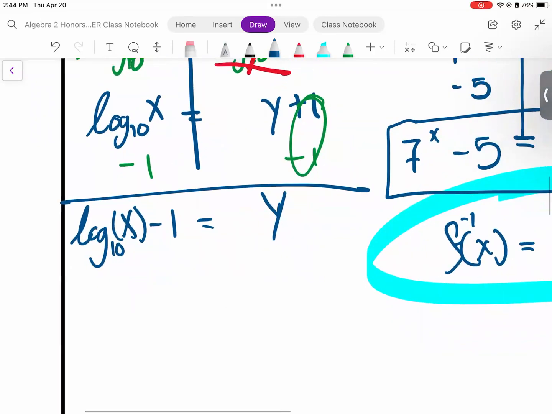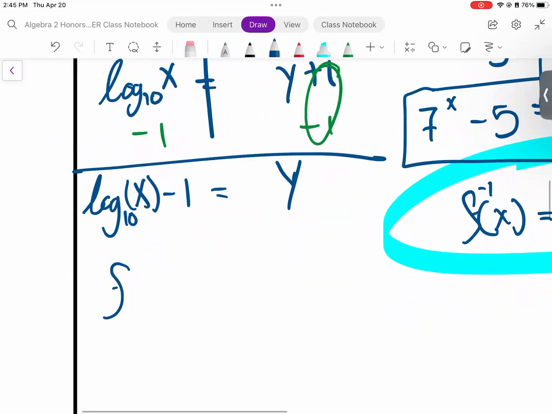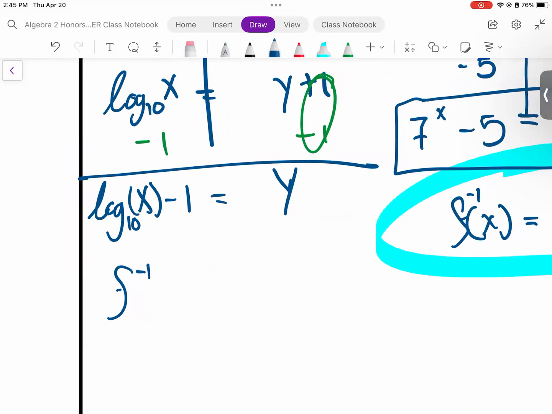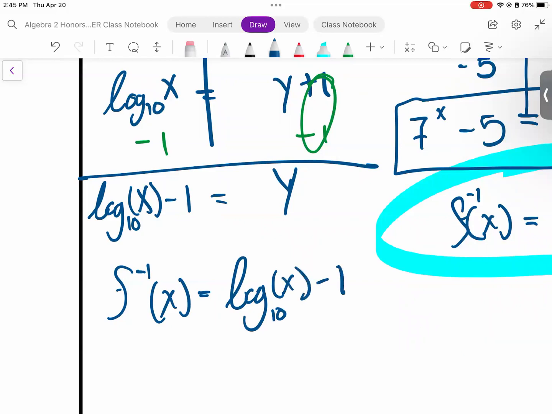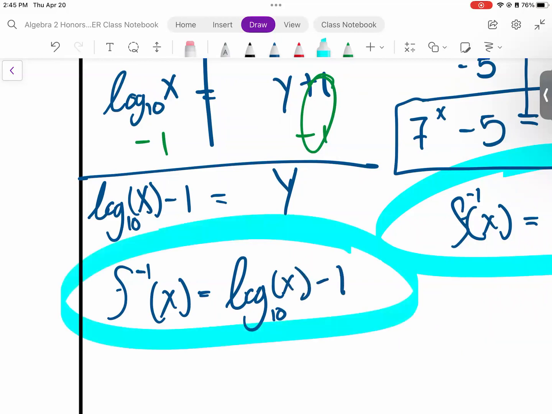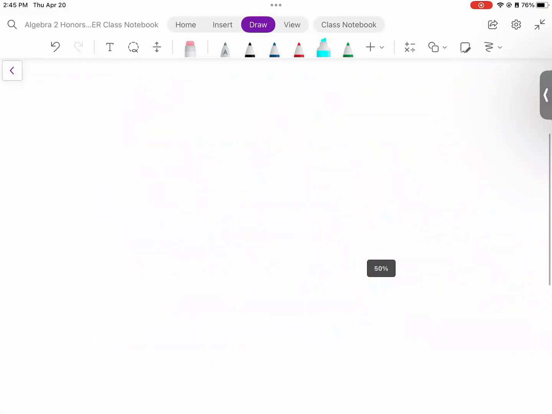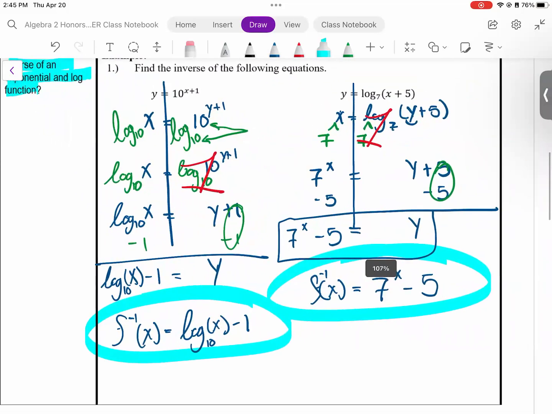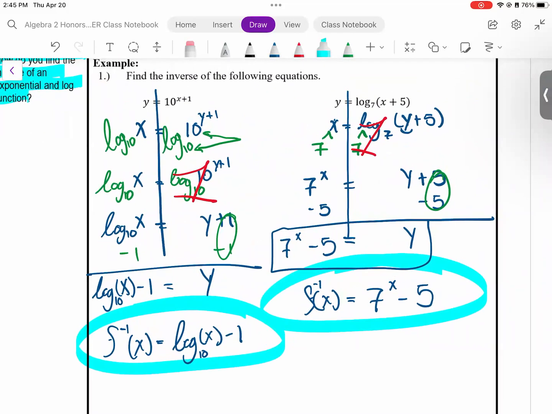And obviously, if we want to write it out the fancy way, that would be the inverse function of x is equal to log base 10 of x minus 1. And that's the answer.